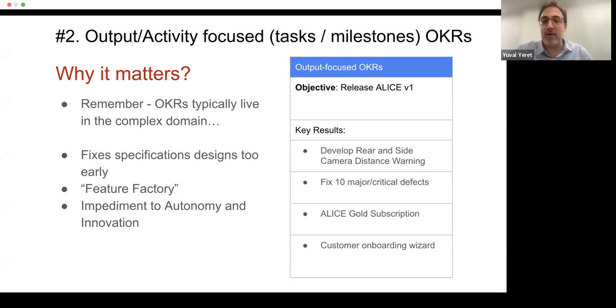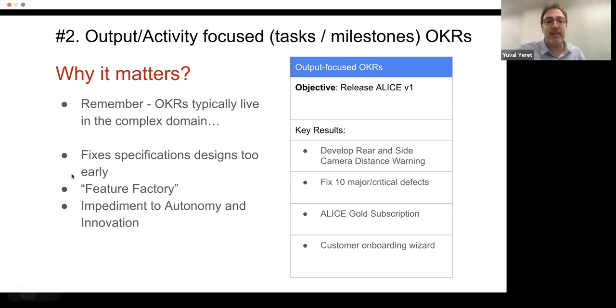And in that environment, it's an issue when we see OKRs that are output and activity focused. When we're prescribing the tasks, the milestones, instead of talking about outcomes, we might not be doing the right things.